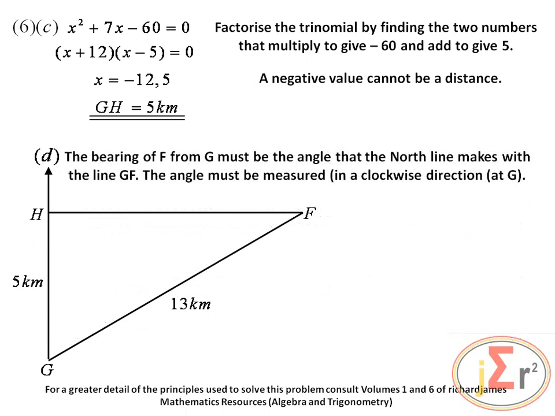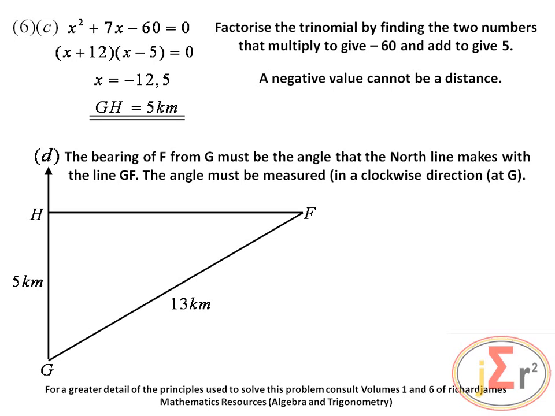And of course, the bearing of F from G must be the angle that the north line makes with the line GF. The angle must be measured in a clockwise direction.